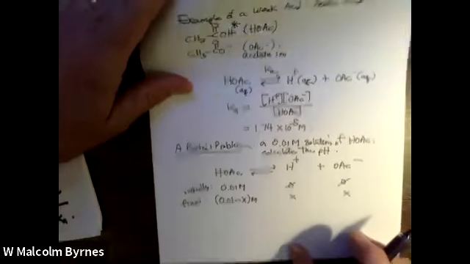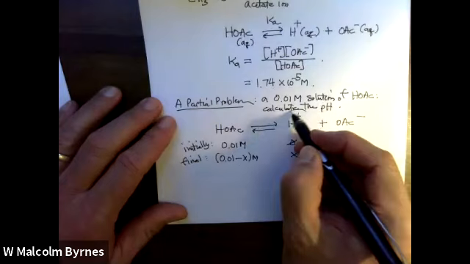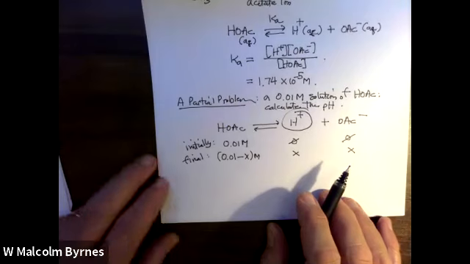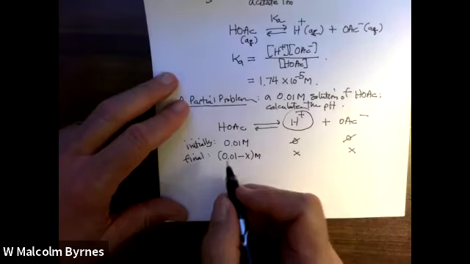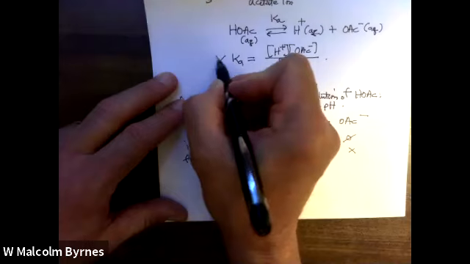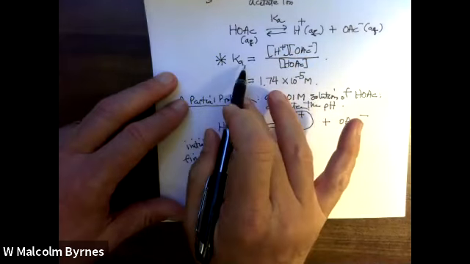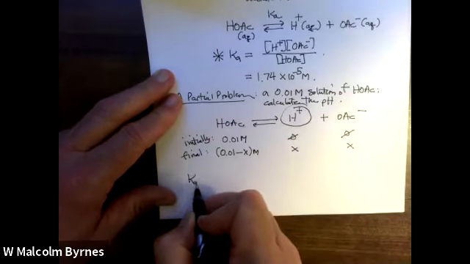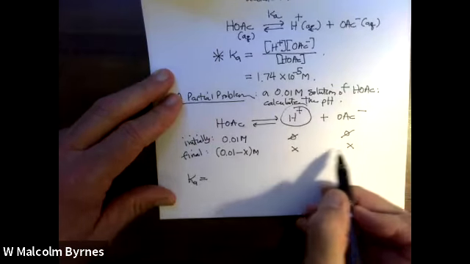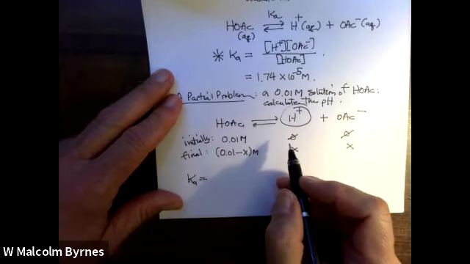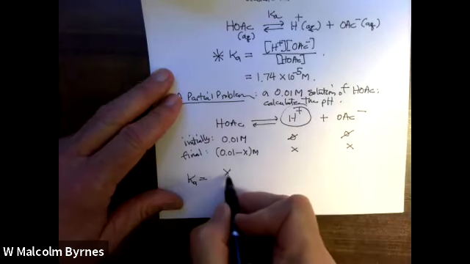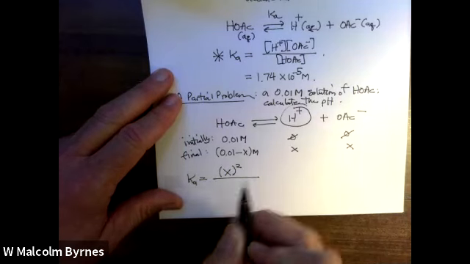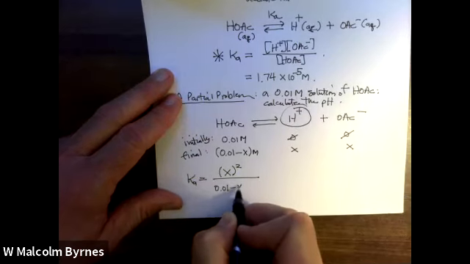We can calculate the pH. What we have to do is calculate the concentration of hydrogen ions, and that will allow us to calculate the pH. And so what we have to use is that acid dissociation constant expression, which says Ka is equal to, now plugging in the values of X, X squared divided by 0.01 minus X.